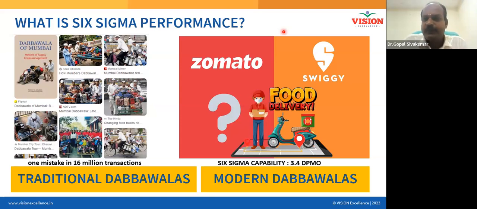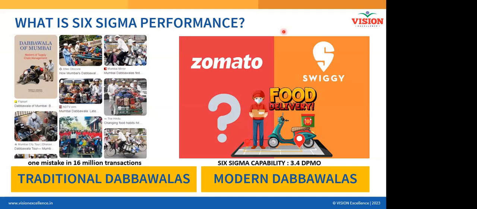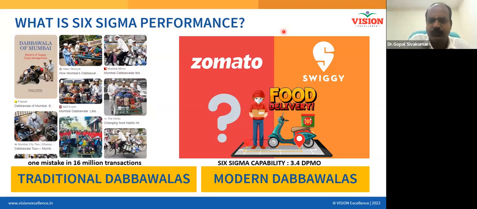The third defect: the person should be polite and behave nicely if you interact. So how many defect opportunities exist in this case? Three. If you want, you can add a few more also, but for discussion's sake, we have 3. This is called defect opportunity. For every delivery that is happening, there are 3 opportunities for a defect to happen.